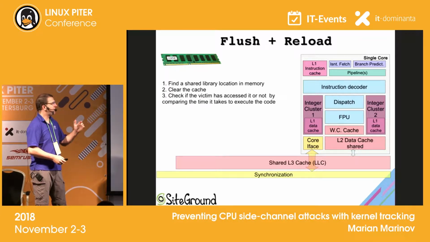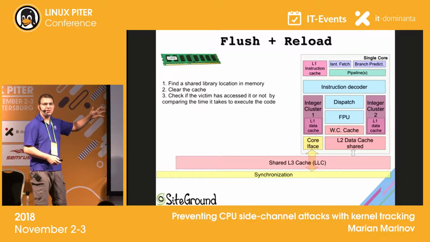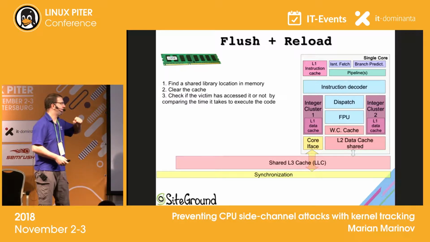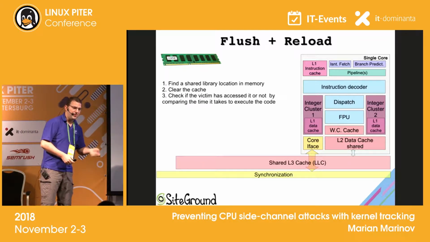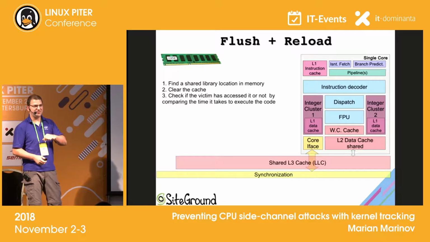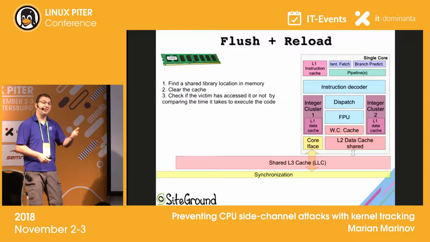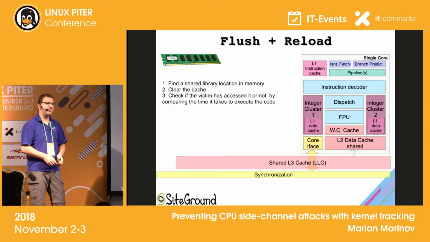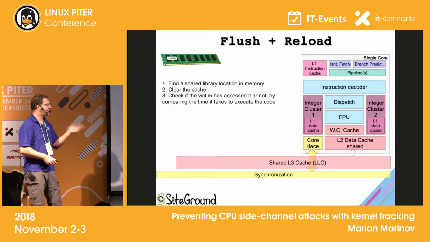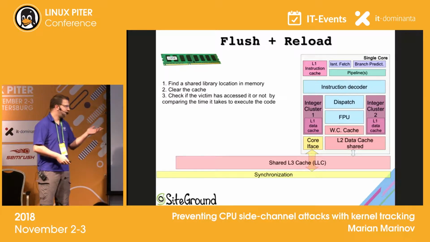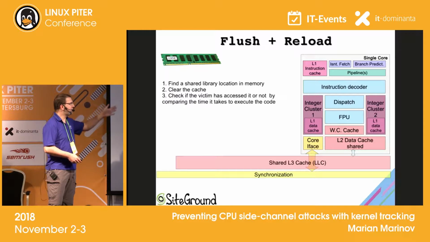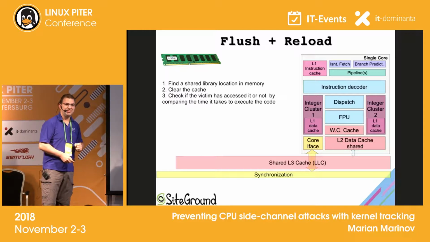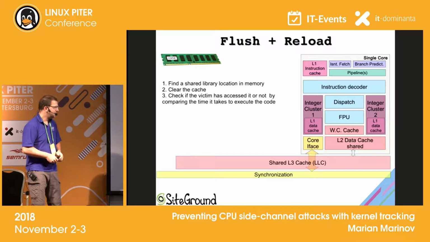If the data is in the cache, it would be around 50 cycles for the CPU to get the data and compute it, while if it is not in the caches, it would be, for example, 250 cycles to get the same data. And you can time this pretty accurately with the discrete timers of the CPU. So you can be sure that this is your data that was loaded.